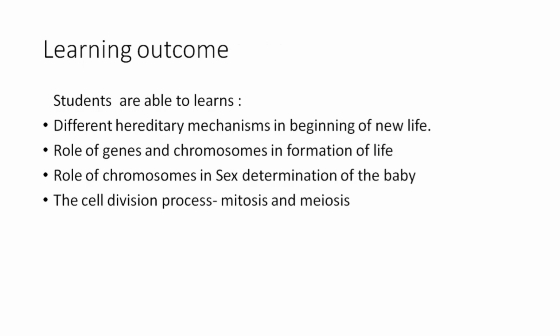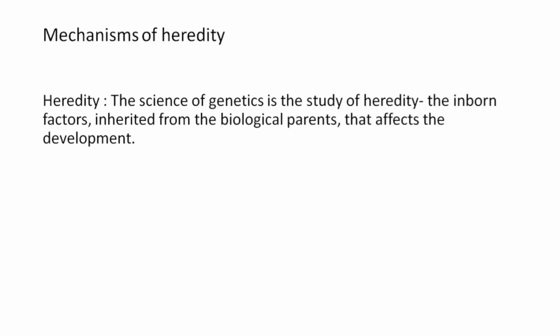The learning outcomes are: different heredity mechanisms in the beginning of new life, the role of genes and chromosomes in the formation of life, the role of chromosomes in sex determination of the baby, and the cell division process, that is, mitosis and meiosis. So let us see what heredity is.